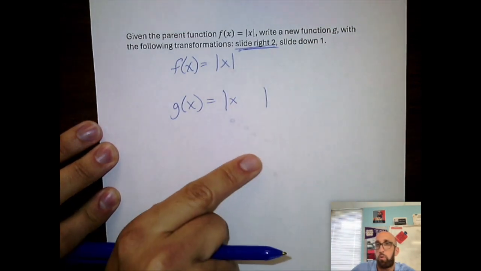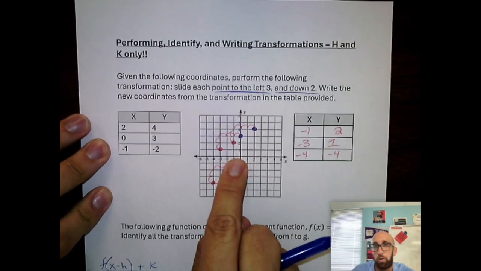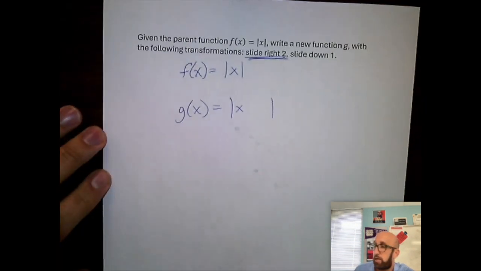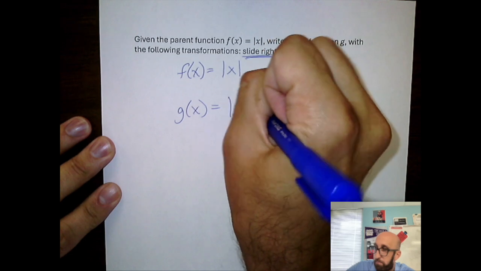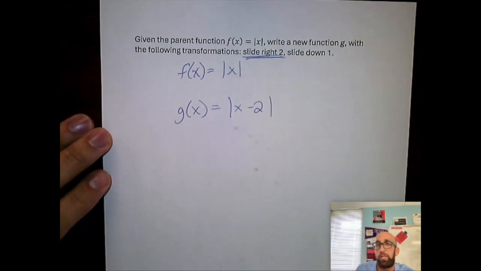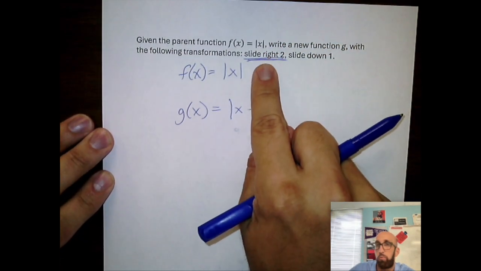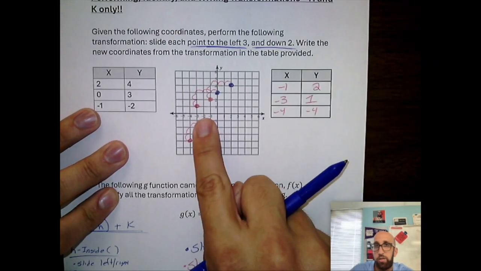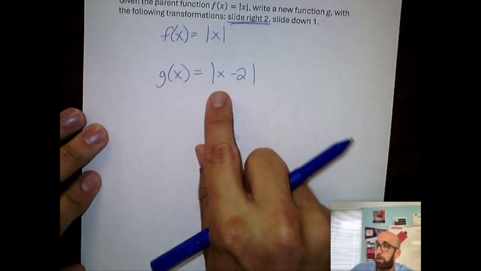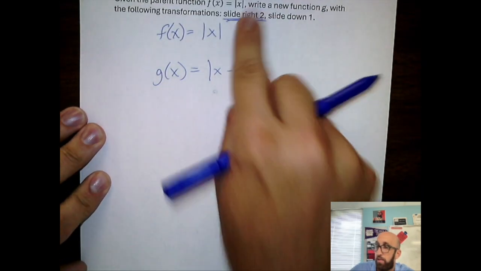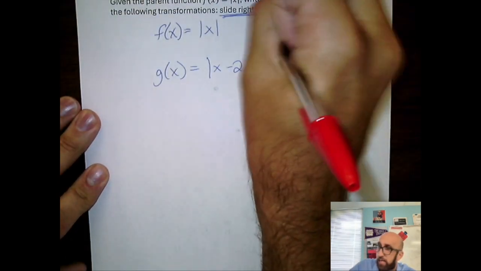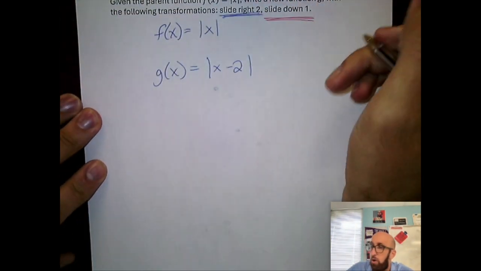If I'm thinking about that x-axis, going right 2, you're going to see a positive 2 there, but we need to use a negative because of opposites. So I'm going to have an x minus 2. That's my first transformation.